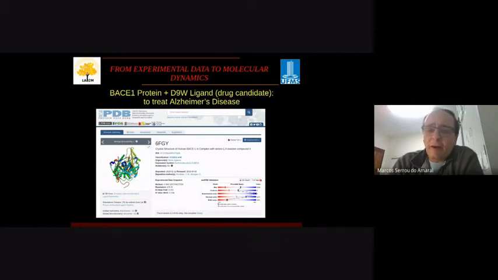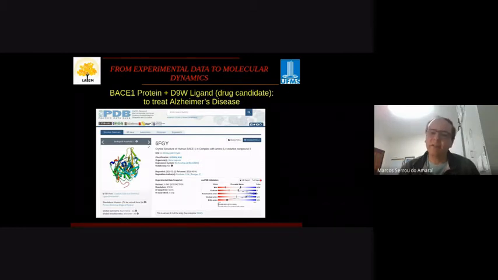Before I start with the basics of molecular dynamics, I will show you something really important to understand how we are working. On the screen, you can see pictures from the website called PDB, the Protein Data Bank.